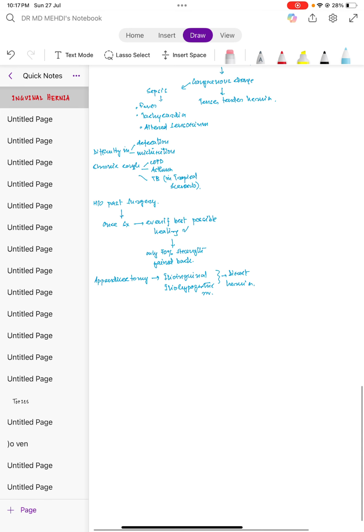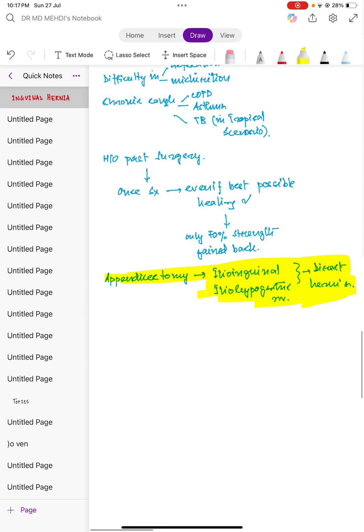This concept has also been disproven now. So some old examiners might ask this question; only then we have to answer this, otherwise no need to answer this from our end.